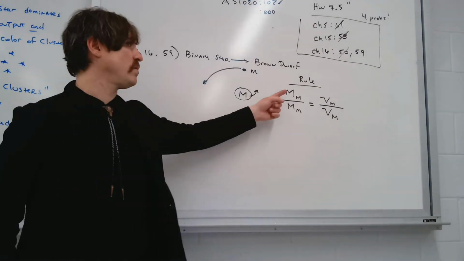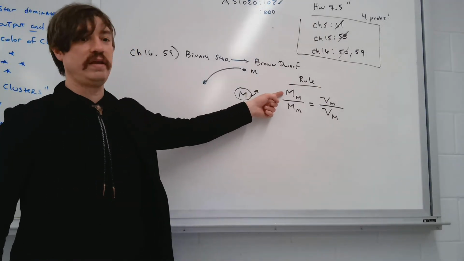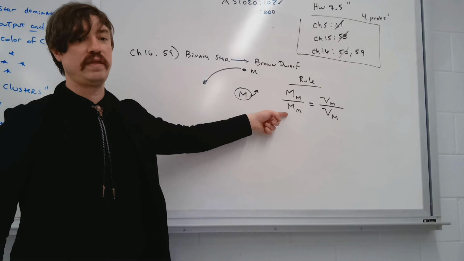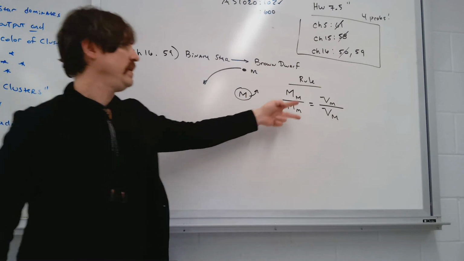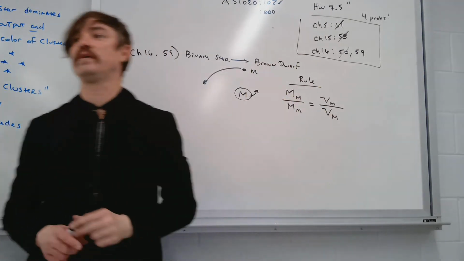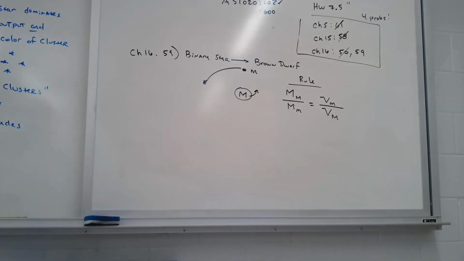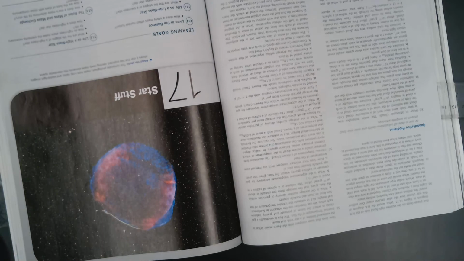So if the massive star is 10 times greater than the little guy, its velocity will be 1/10 as much, because it doesn't get whipped around as much in the binary orbit. That's a wicked important rule. The ratio of the masses is the inverse ratio of their velocities. All right. With that in mind, let's play the game.